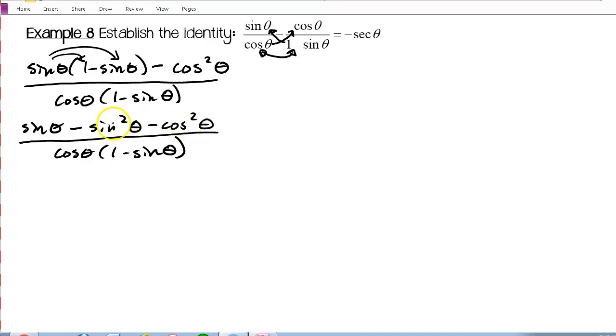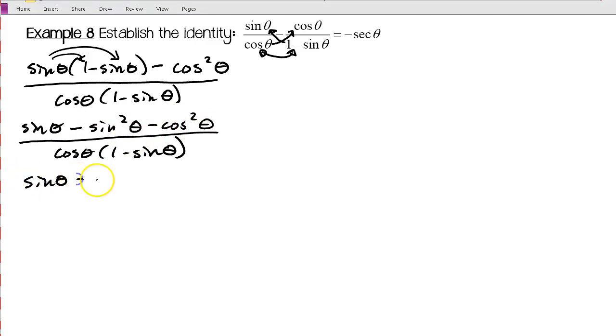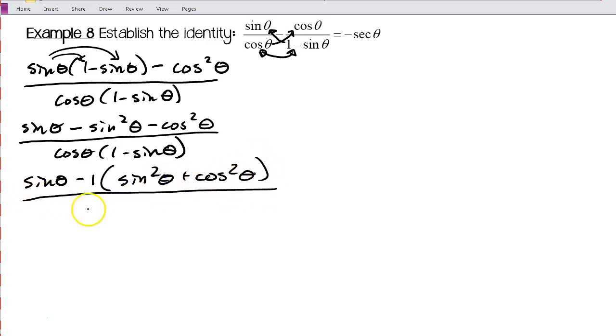Now in my numerator, I have a sine squared and a cosine squared, and I know if these were added, that would be my Pythagorean identity. So what I'm going to do is factor a negative 1 out of both of those. So I have sine theta minus 1 times sine squared theta plus cosine squared theta. And then again, it's all over cosine theta times 1 minus sine theta.